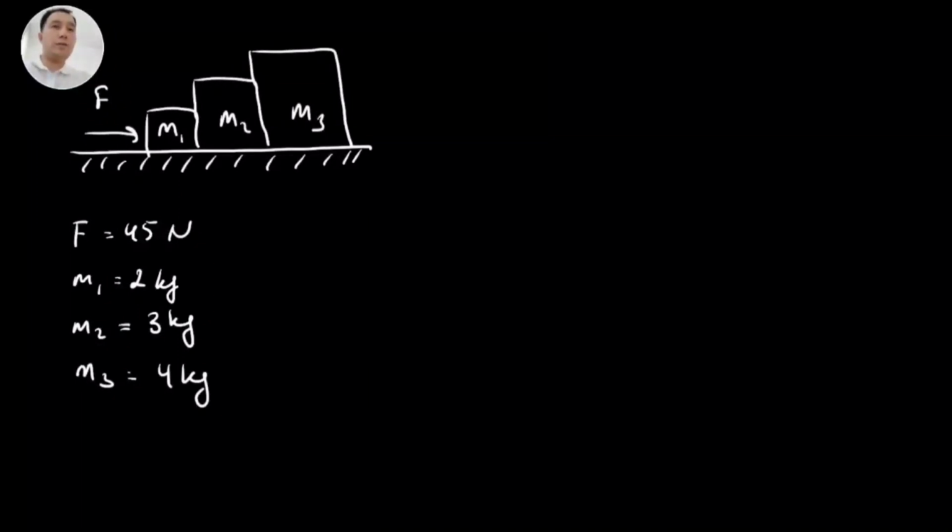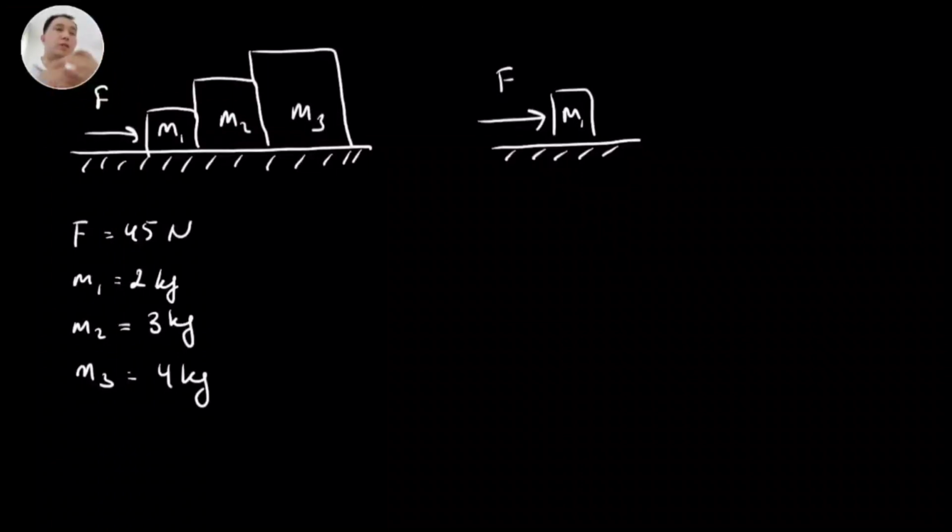So let's start from the first object. Let's draw it, M1. We know that 45 Newton is trying to move it to the right. Since we have a second block at the right side, and there is a contact between the first and second object, there is a contact force, or normal force. The name is not important.